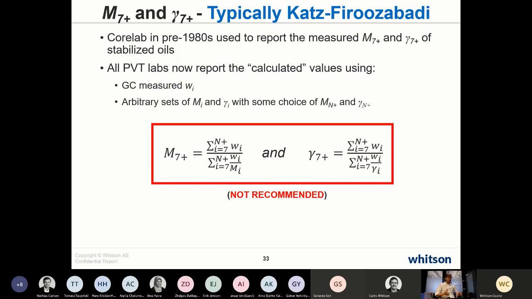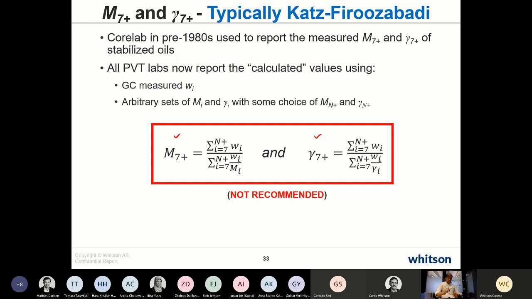Now, what is the standard in most of these PVT laboratory reports that everybody in the course that works with PVT lab reports needs to be aware of is that when you see a molecular weight C7 plus and a specific gravity C7 plus, they're just calculated based on these Katz-Whitson molecular weights and specific gravities. And we'll show an example of that.